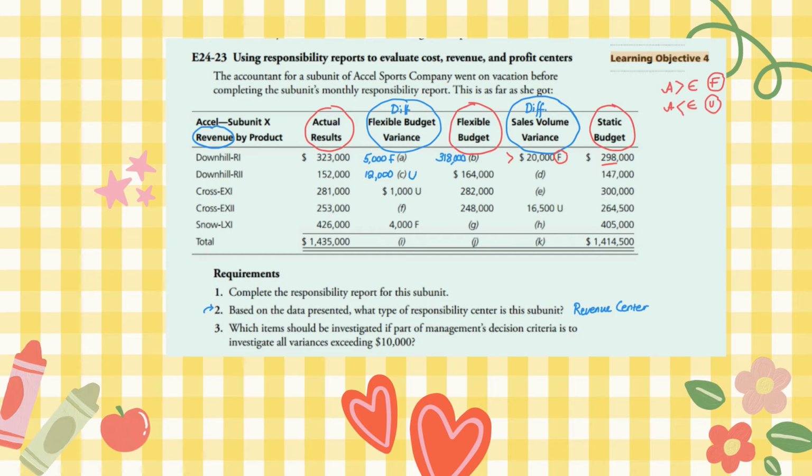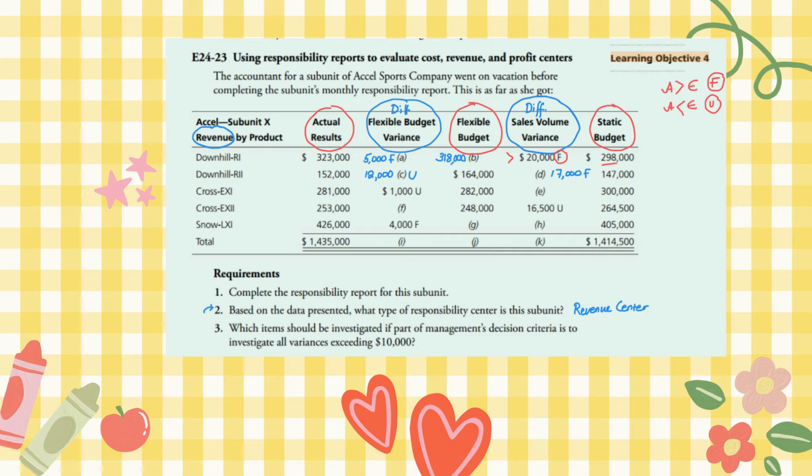D, I expected to get 147, I got 164. So the difference is 17,000. I expected 147, I got more, I got 164. So it's going to be favorable variance.